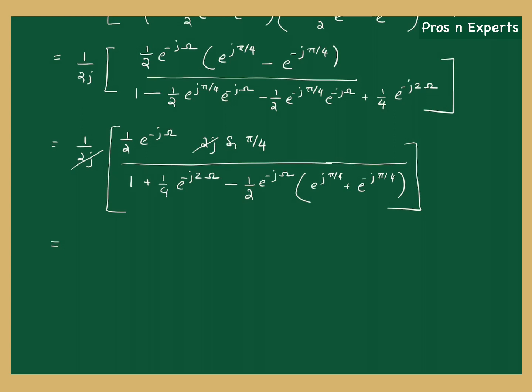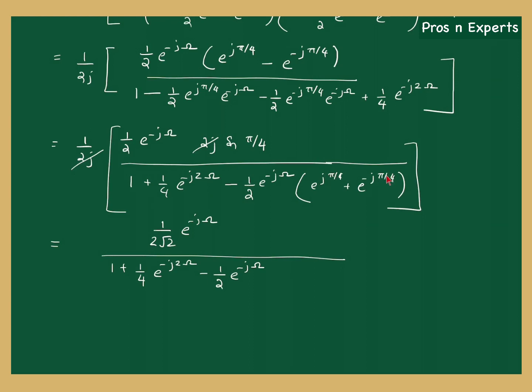Okay, so in the numerator I can write it as 1 by 2 root 2 e raised to minus j omega. Why? Because there's a 1 by 2 already here, and sine pi by 4 will give you 1 by root 2, so it is 1 by 2 root 2, and e raised to minus j omega is already there. Whole divide by 1 plus 1 by 4 e raised to minus j2 omega minus half e raised to minus j omega into what is e raised to j theta plus e raised to minus j theta. Here it is of the form e raised to j theta plus e raised to minus j theta.